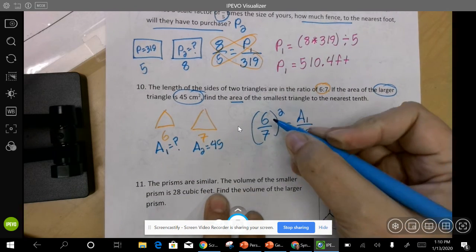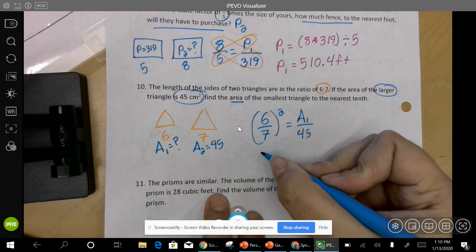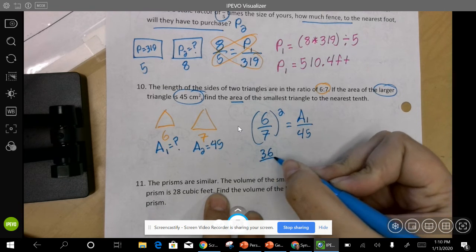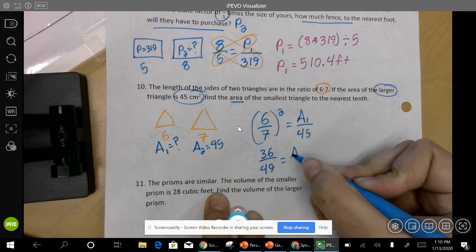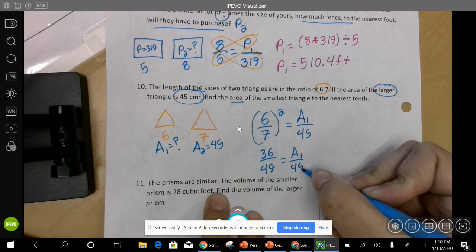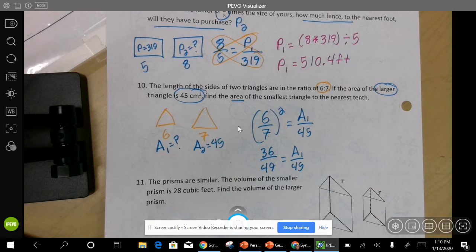Okay, so we're going to square them. So it's going to be 6 squared. 6 times 6 is 36. 7 squared is 49. We are going to cross multiply and divide.